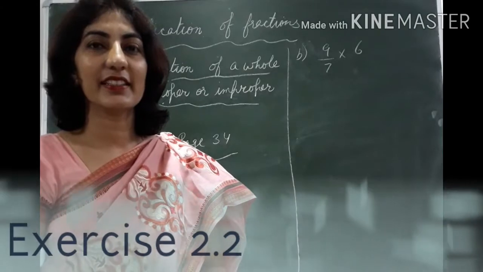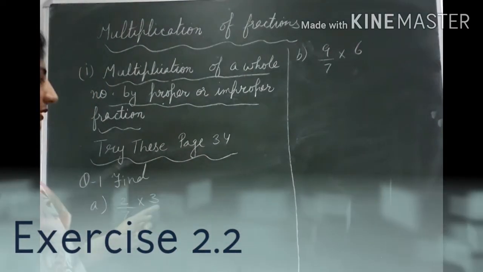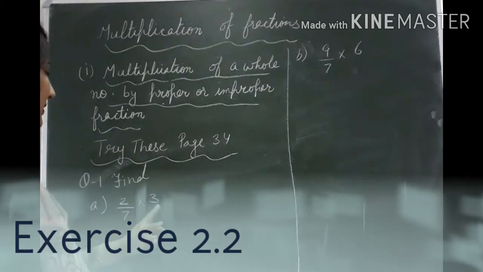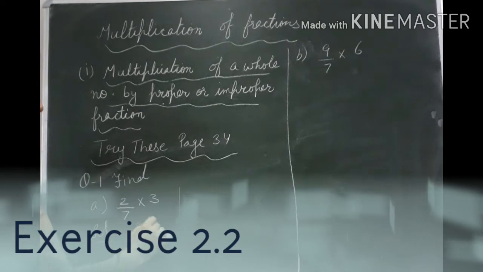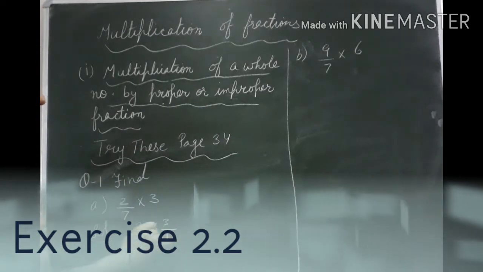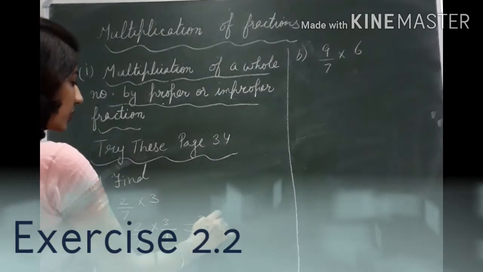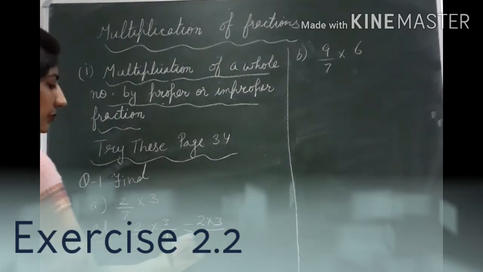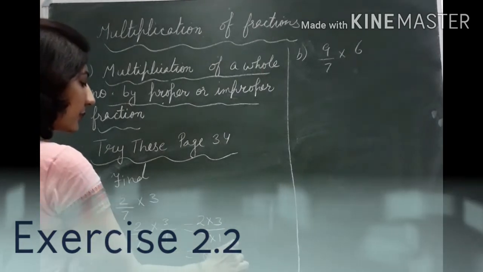Let us try these of page number 34. First part is 2/7 multiplied by 3. So proper fraction multiplied by whole number. So what I will do, 2/7 multiplied by 3, I can write 3 as 3/1. Now numerator multiply by numerator, 2 into 3, upon denominator multiply by denominator. So it is 6/7, which is a proper fraction.